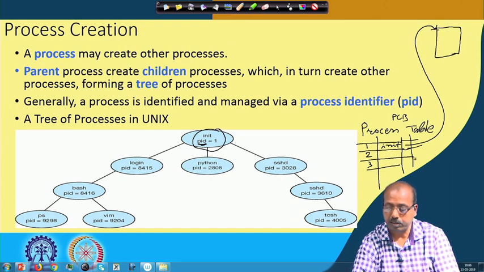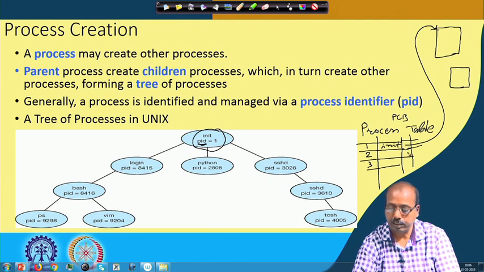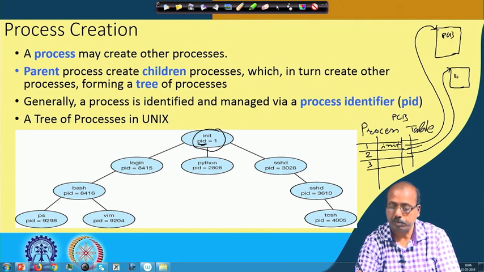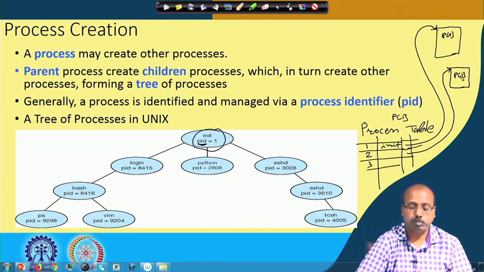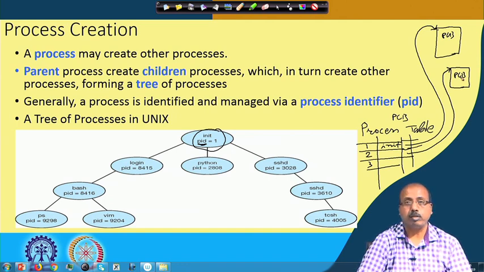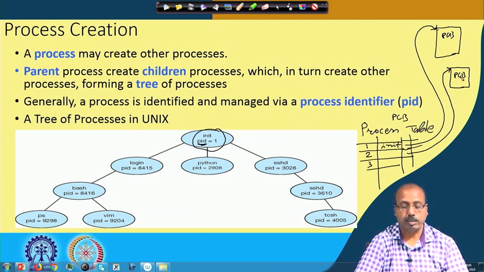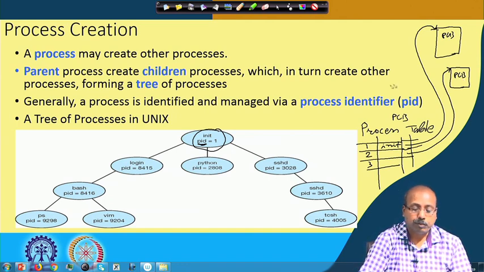Similarly, for the second process, when it is created, there will be a PCB for that, and this will point to the corresponding PCB. So, we will have a number of process control blocks, and from the process table they will be linked via pointers.